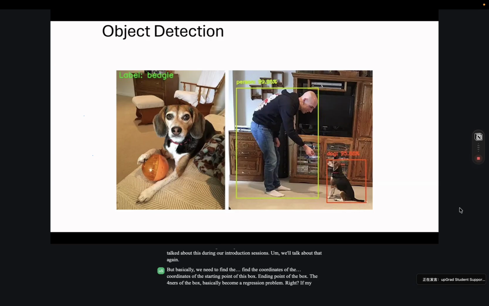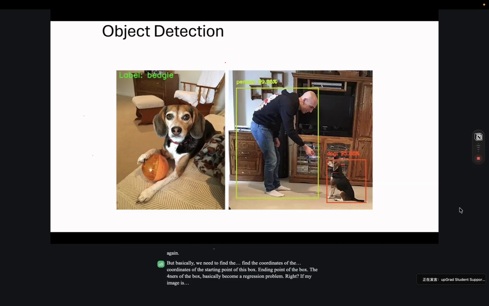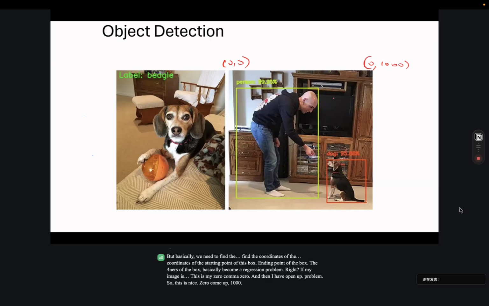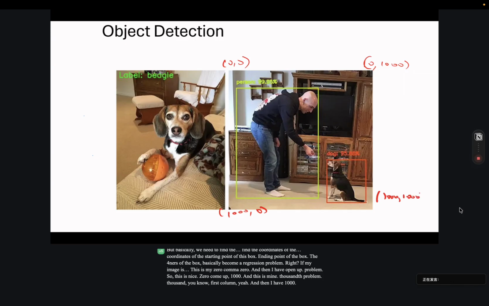If my image has 0, comma 0 here, and then I have row, comma, column, so this is 0, comma 1000, and this is the 1000th row, first column, and then I have 1000, comma 1000.